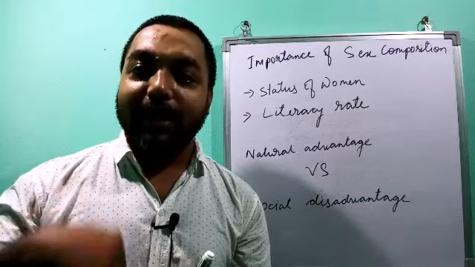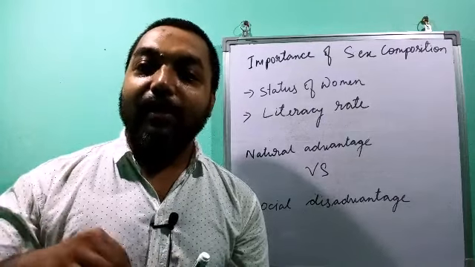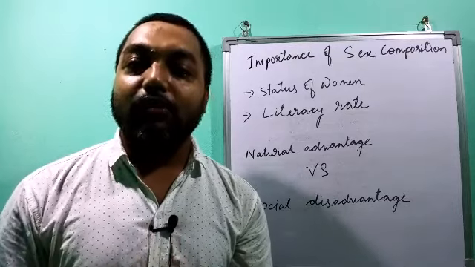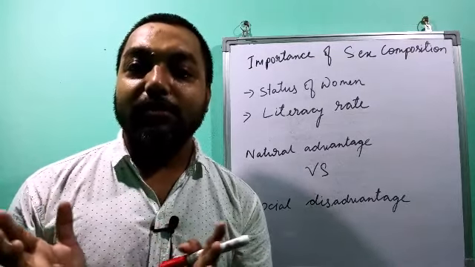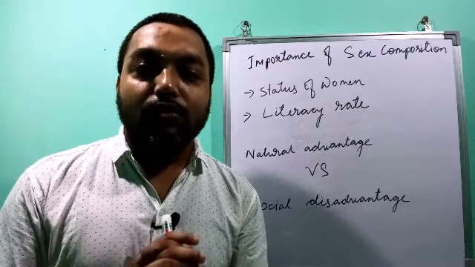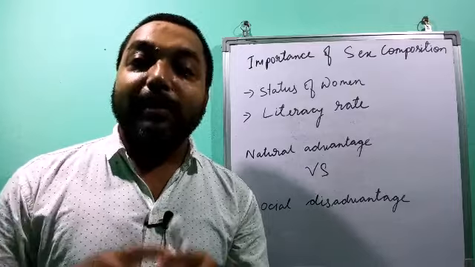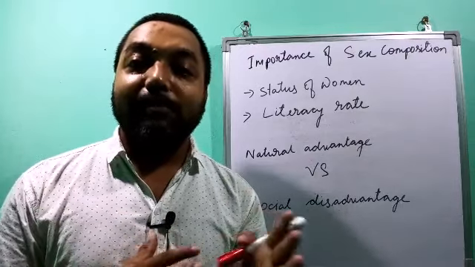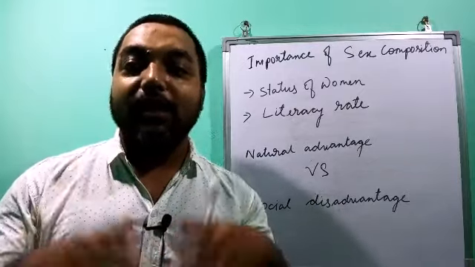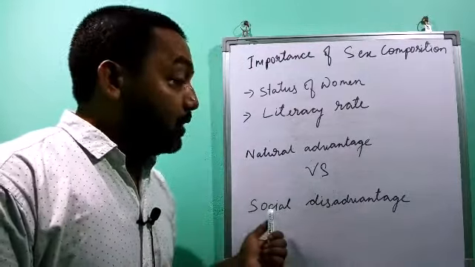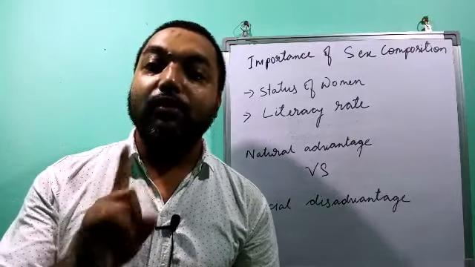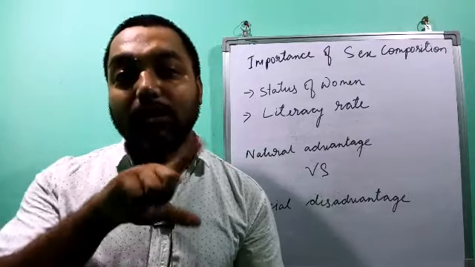That means if I die, my house and my property will be taken care of only by my son. A girl child is not someone who will carry on my family. So for that also, many people don't prefer a girl child, but prefer a boy child who will carry on their family, their khandan. These are all social disadvantages for which people don't want a girl child, but want a boy child.